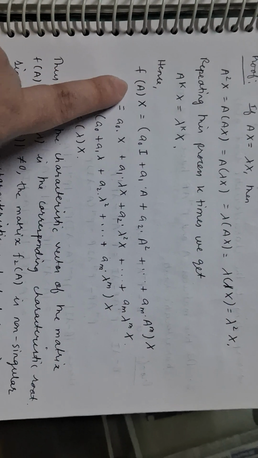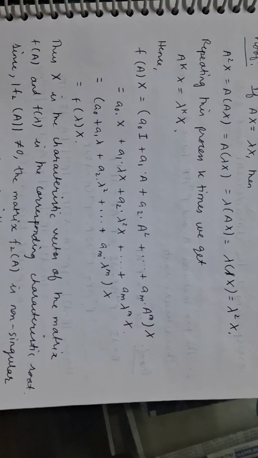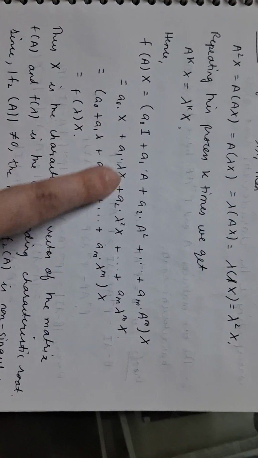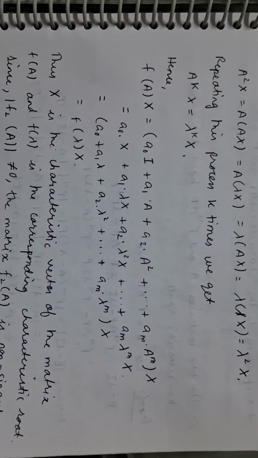So hence, suppose for this f(A), we can write from the Cayley-Hamilton theorem, if you would recall, this equation. On opening this bracket and multiplying each term by x, A to the power m x can be replaced by lambda to the power m x.